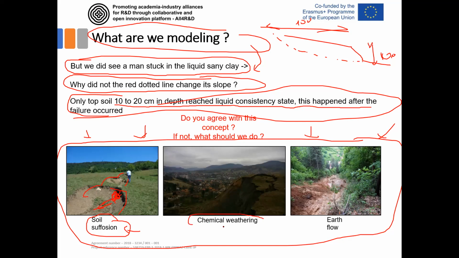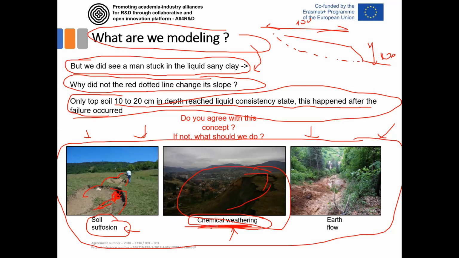Another problem that can occur, and is occurring in practice, is different kinds of chemical weathering, where you have man-made materials used for construction of some embankments, some municipal waste, and similar things. There you can have chemical processes which can result in sliding that can cause large problems, but that's something different.